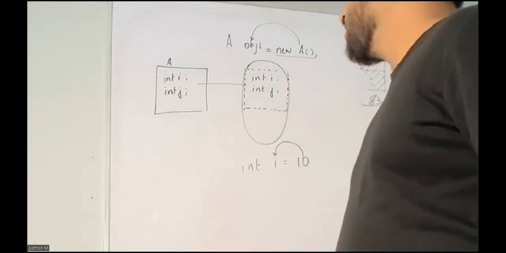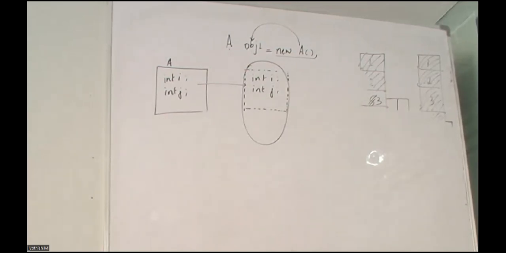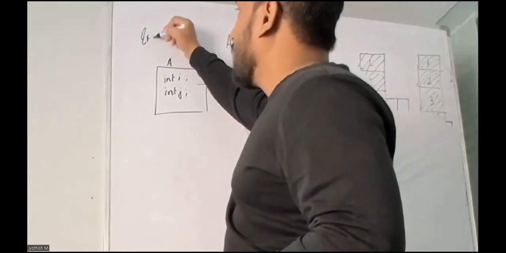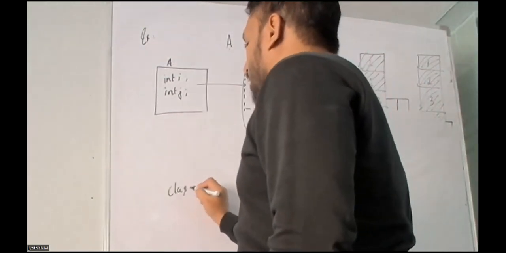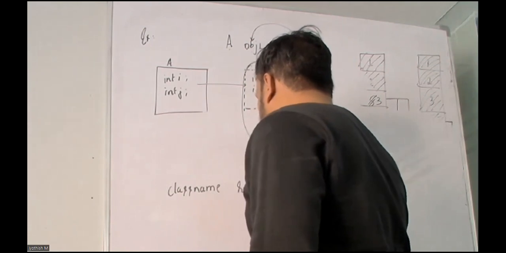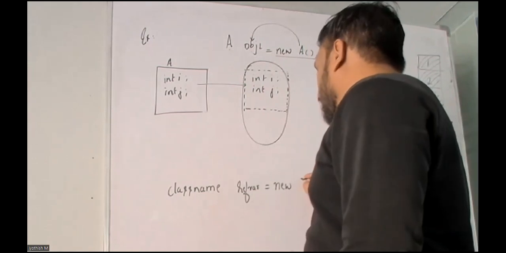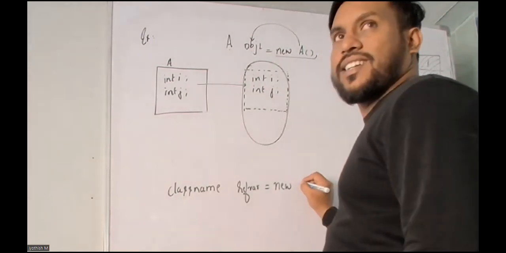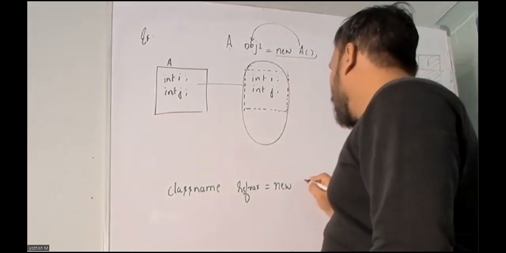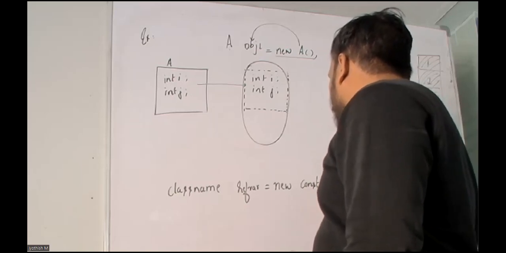Okay, right? How to create an object? You can take this as an example. Class name, reference variable is equals to new of constructor. This is called a constructor. What is this? We will see later.